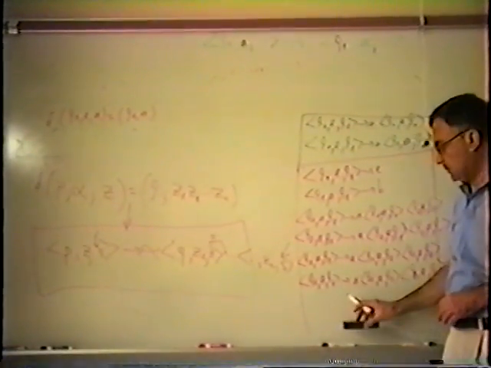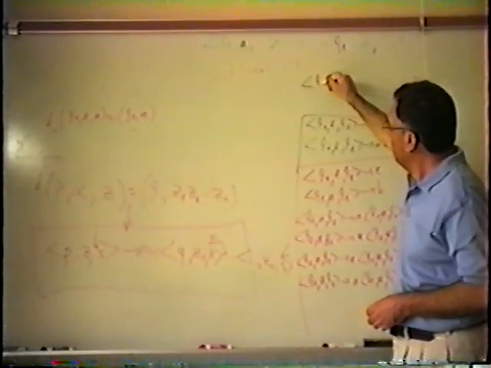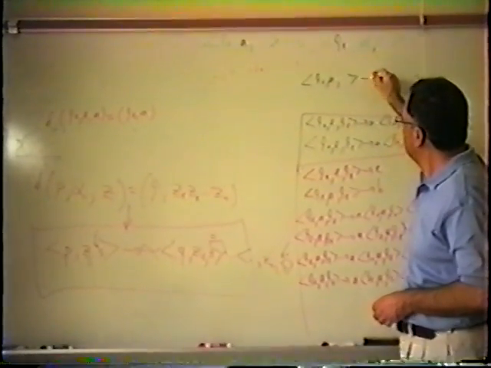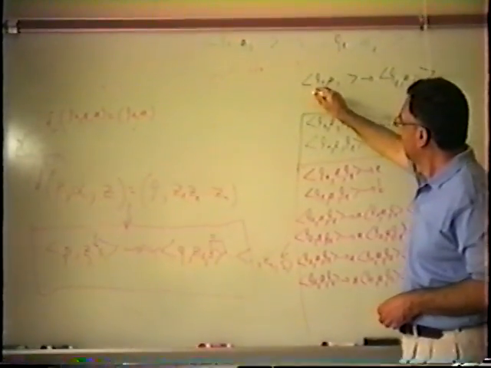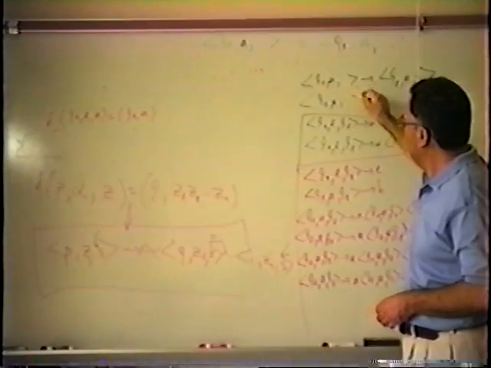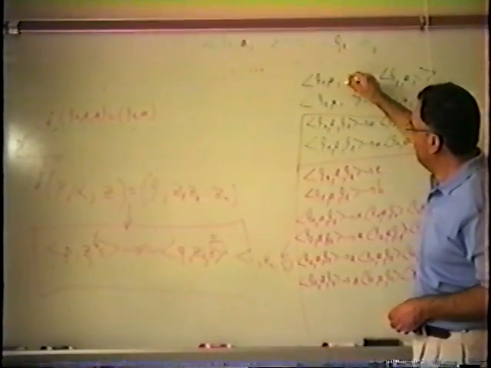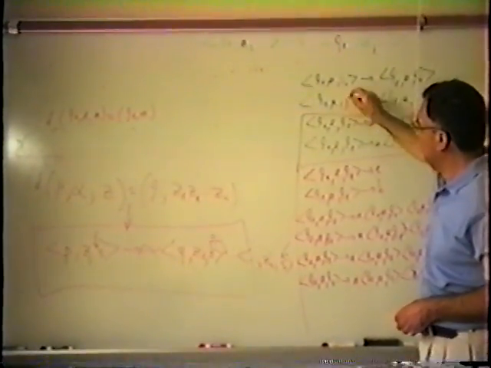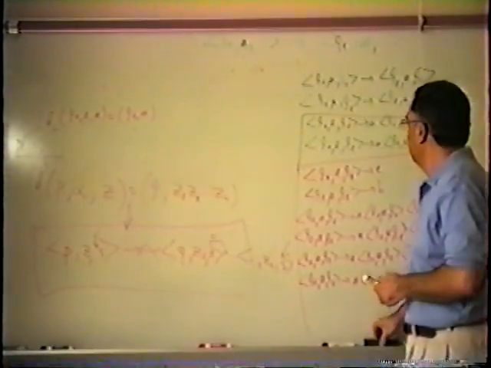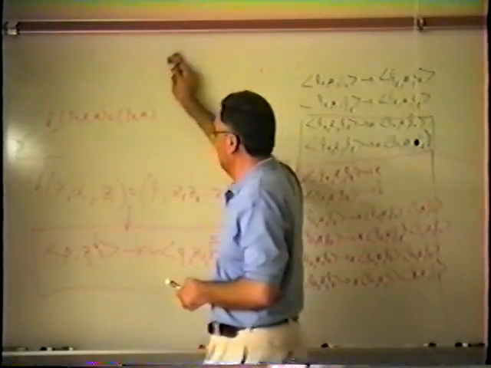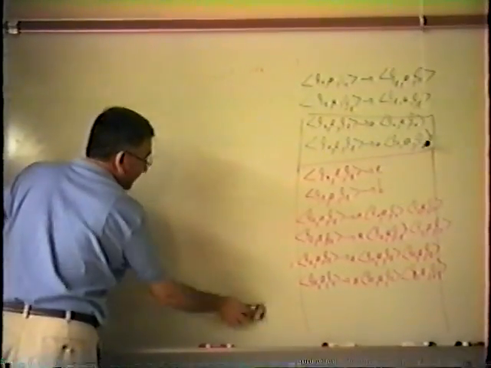So, two choices, two rules. Q0A, Q1A, Q0A, Q1A. So I can either fill it with Q0s or Q1s. You've got the grammar.